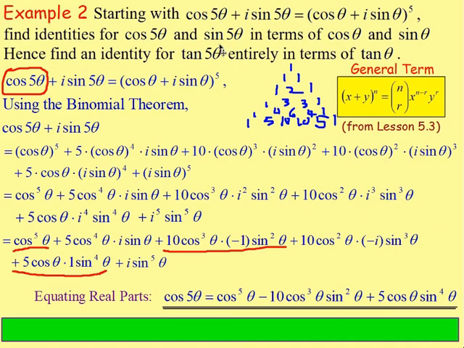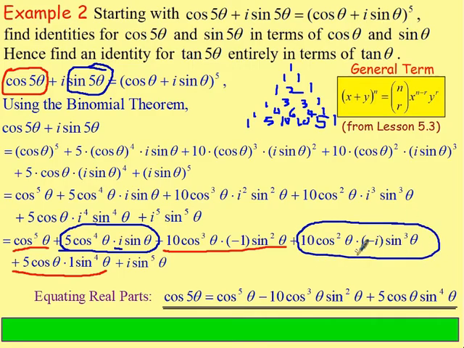We also want to get the identity for sine 5 theta. And for sine 5 theta, well, how do you go about doing that? Well, you can see that sine 5 theta is going to be the imaginary part. So for your sine 5 theta, the imaginary part here, equate it to the imaginary part when you expand it. So that there will be an imaginary part because it's got an i. This part here will also be imaginary because it's got an i.